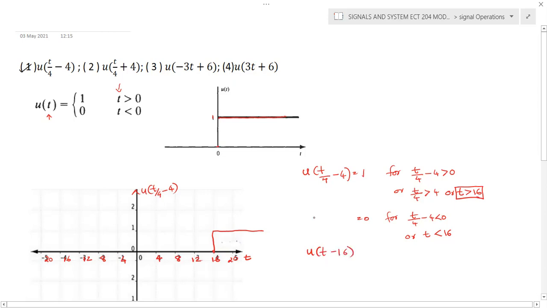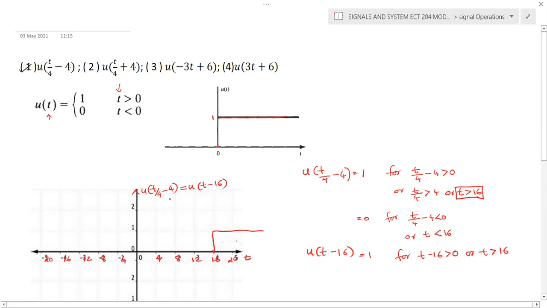This equation u of t by 4 minus 4 can also be written as u of t minus 16, because the definition of u of t minus 16 is equal to 1 for t minus 16 greater than 0, or t greater than 16. So this is a step signal.